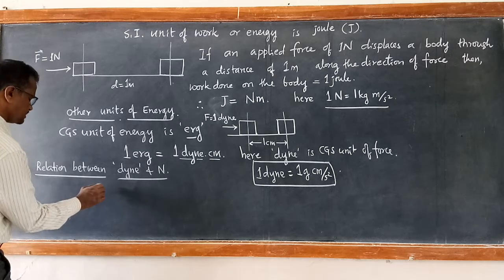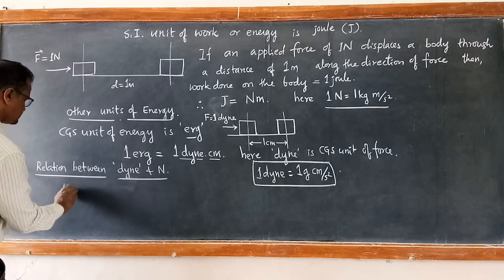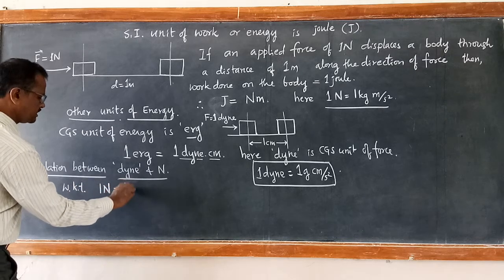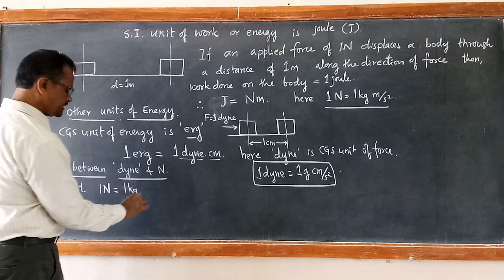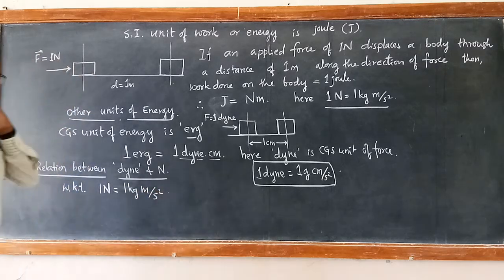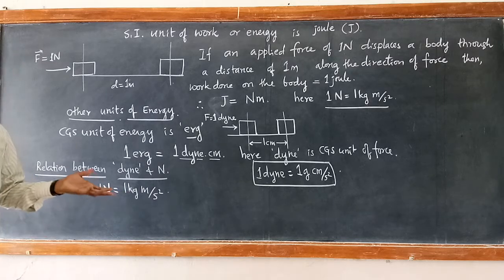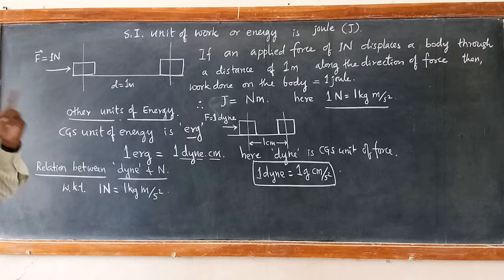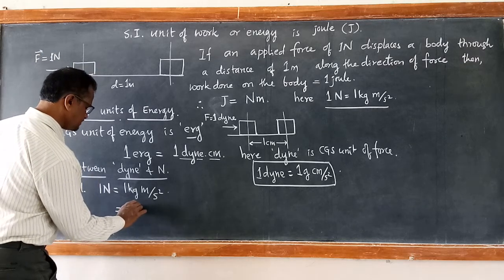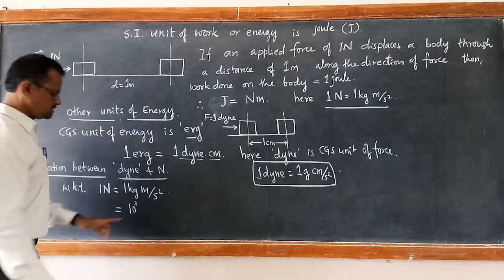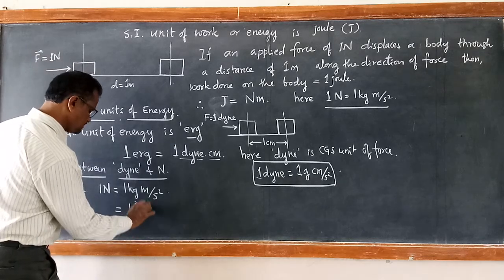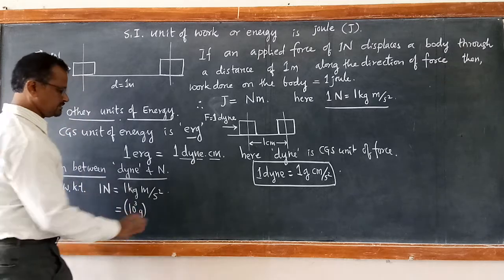First we will write what we know. We know that 1 Newton is equal to 1 kilogram meter per second square. Just substitute: how many grams equal to 1 kg? This becomes 1000 grams, 10 raised to 3 grams.